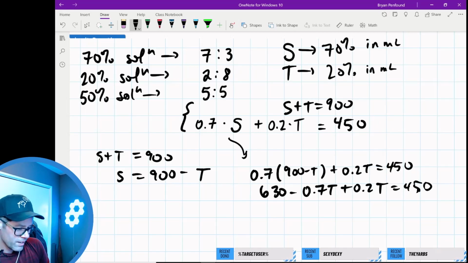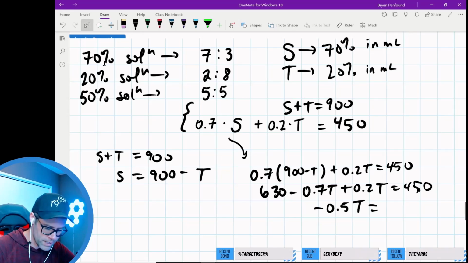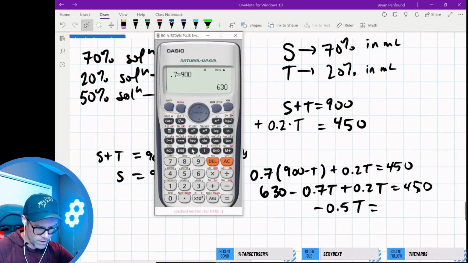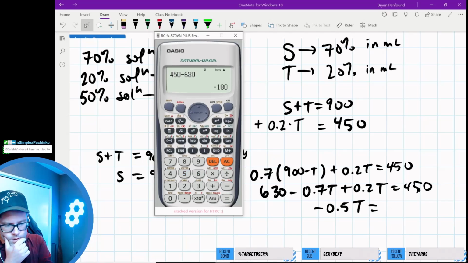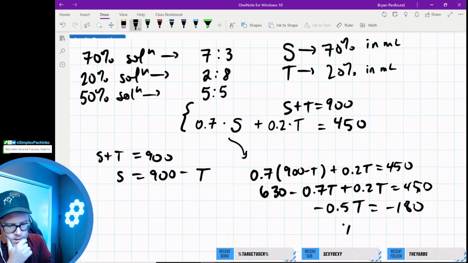So that's going to give us negative 0.7 plus 0.2, so negative 0.5T. And then we need 450 take away 630. That's going to give us negative 180.